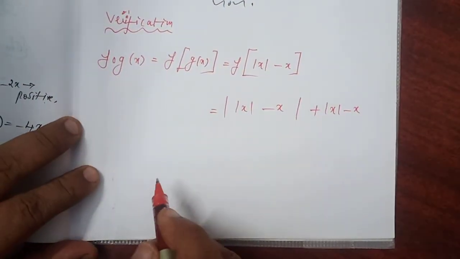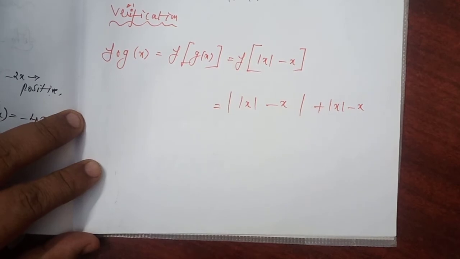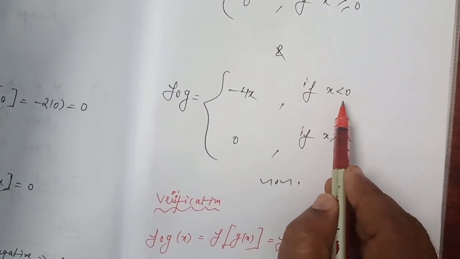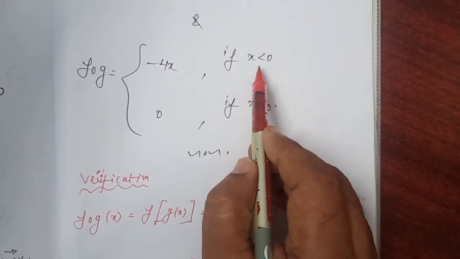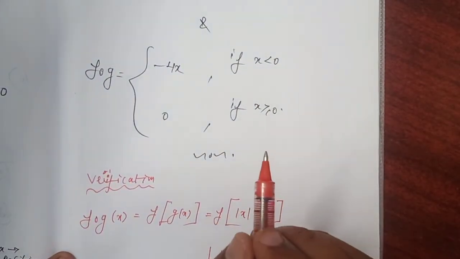Now for this part only we have to verify, isn't it? X less than 0, I take one negative number. Less than 0 means negative numbers. I take minus 3.